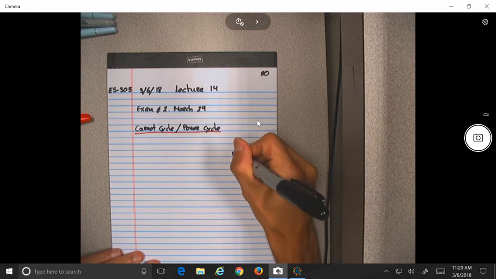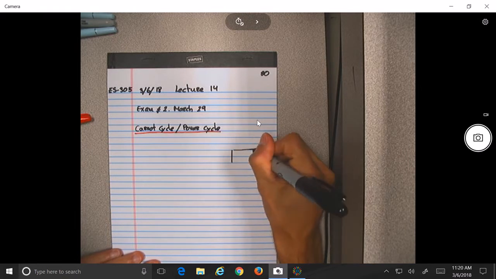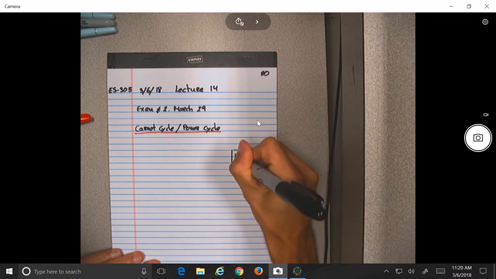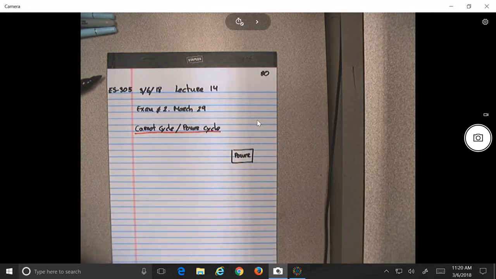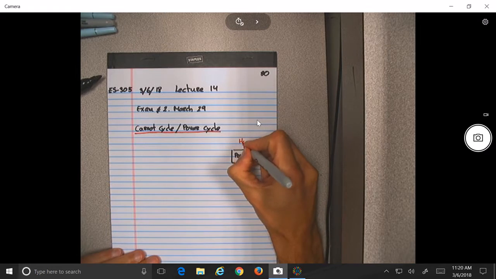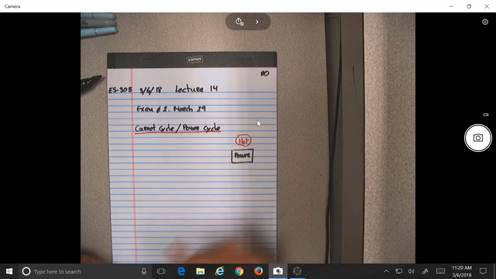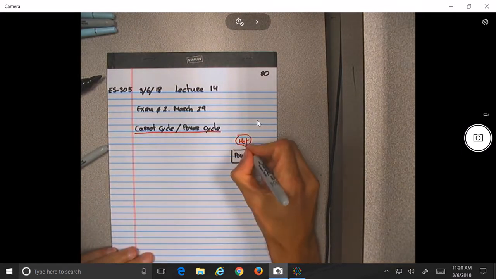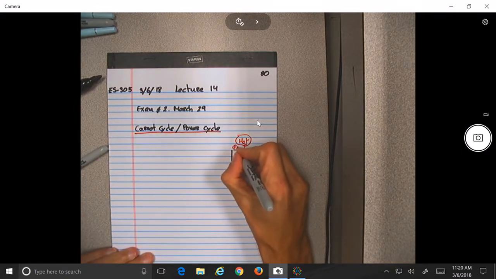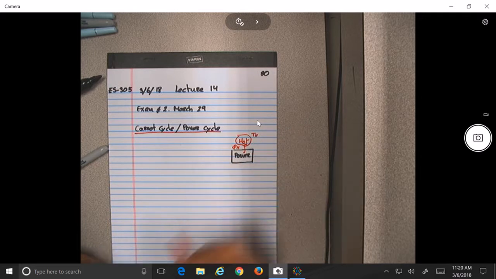If you remember, so far what we have said is that a power cycle will work between a hot temperature reservoir and a low temperature reservoir.